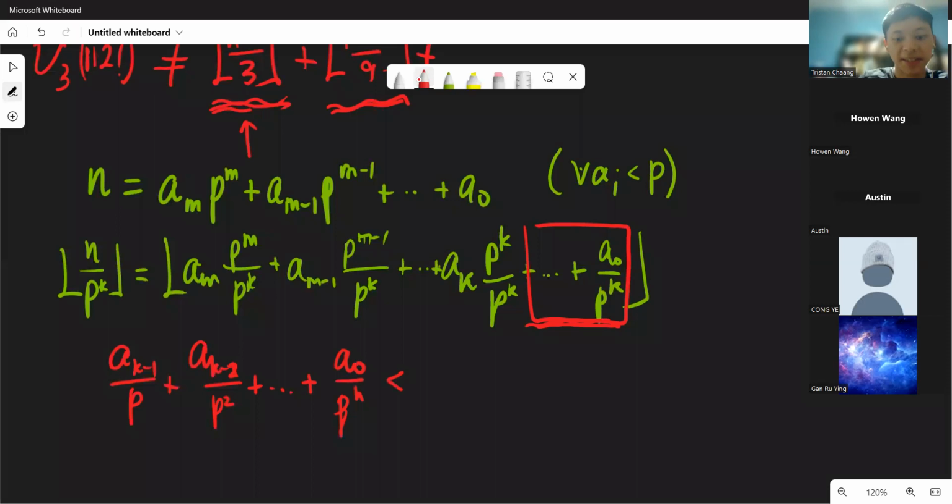Well, this is less than or equal to p minus 1, and I'll just bring the p minus 1 outside. And then the remaining terms are 1 over p, 1 over p squared, dot dot dot. And can anyone tell me what this geometric series is? Oops, there's a dot dot dot here, sorry.